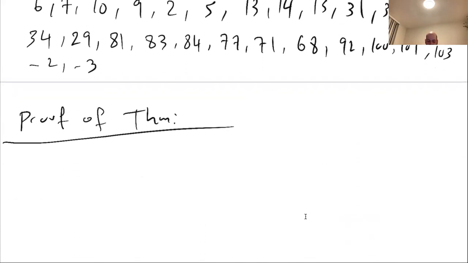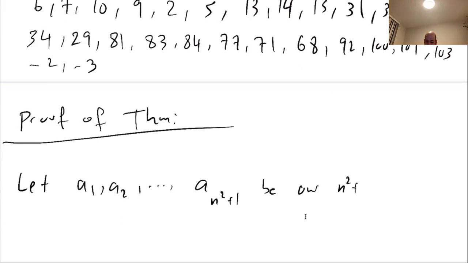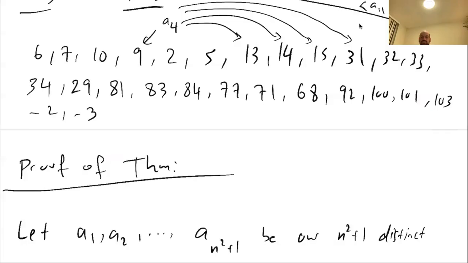So let a1, a2, all the way to a n squared plus 1 be our n squared plus 1 distinct real numbers. Okay, so we have n squared plus 1 elements. We call them a1 to a n squared plus 1.